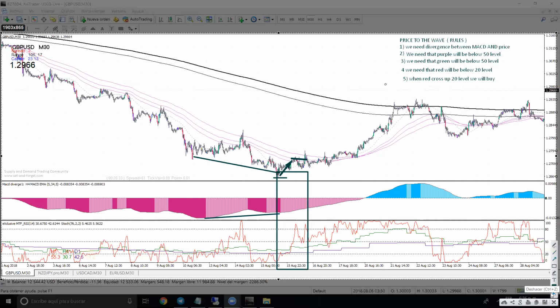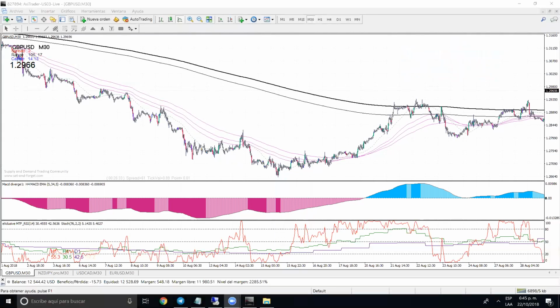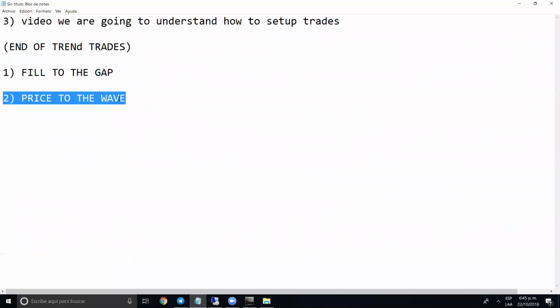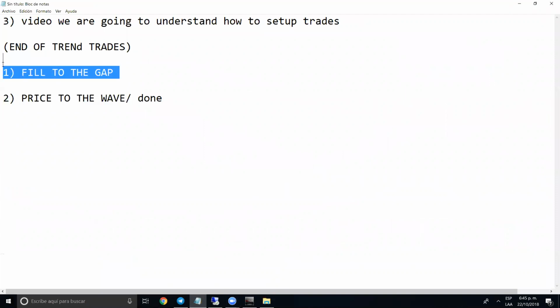Now we have our second trade. I'm going to remove all this. And now we're going to check, okay, price to the wave, done. Now we are going for the fill to the gap trade.